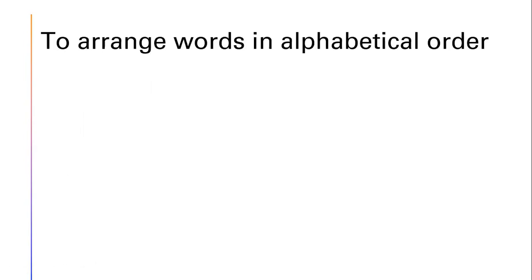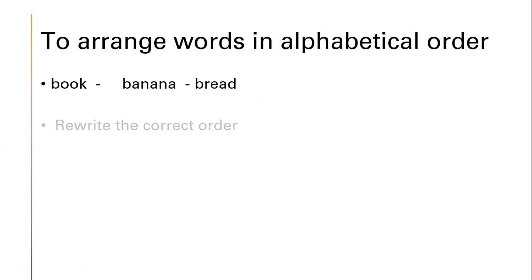Now, to arrange in alphabetical order. So now, children, we have 3 words here: book, banana, and bread. All the starting letters are B only. So how do we arrange these words?